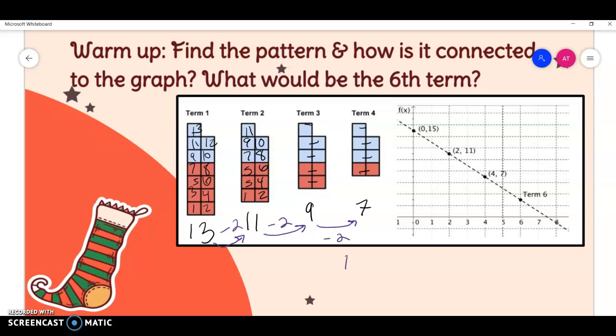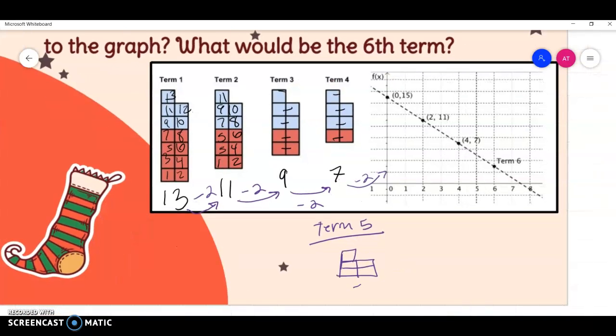If I continued on, term 5 would look something like this. There would be 5 blocks left, and at term 6, there would be 3 blocks left if I'm subtracting 2.